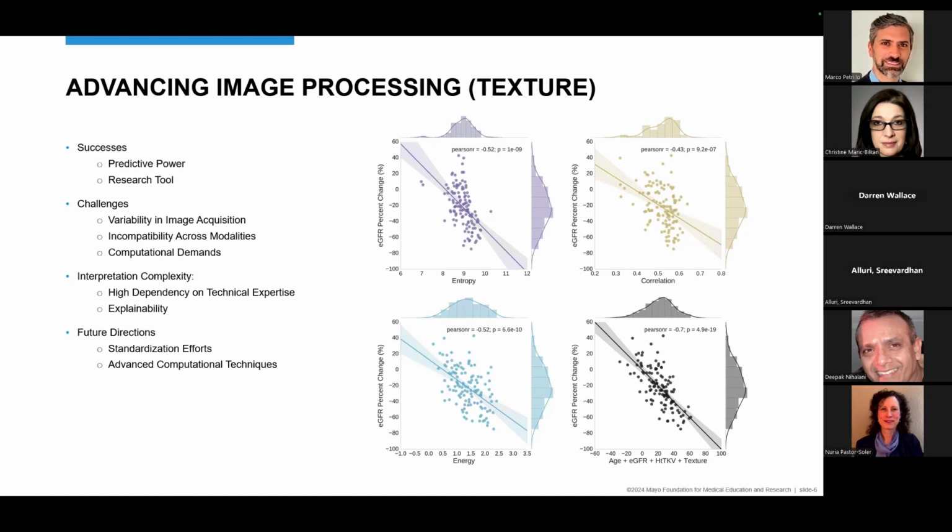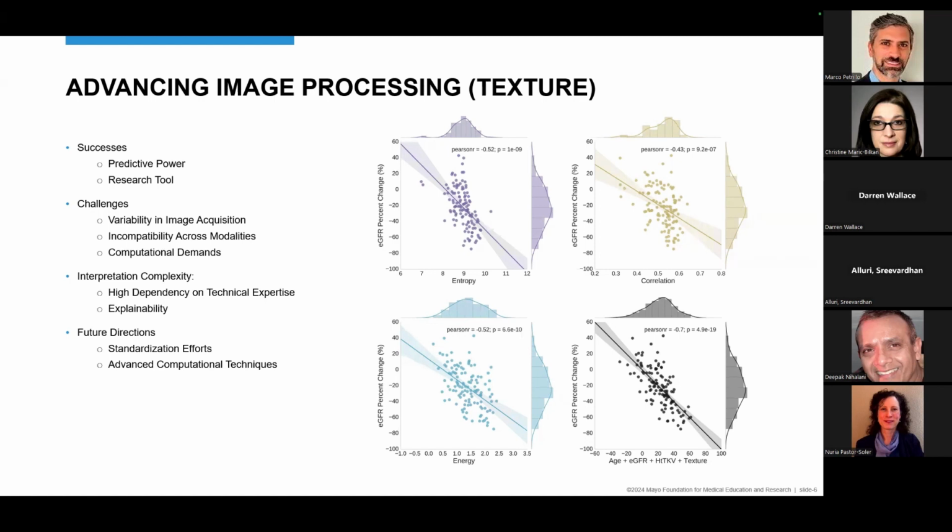What we saw in our initial studies was a high predictive power from some of these image features that we could pull out beyond total kidney volume. So the question here was, is there additional information from the images that could predict subsequent progression beyond total kidney volume? But a lot of the challenges here again are the variability in image acquisition.